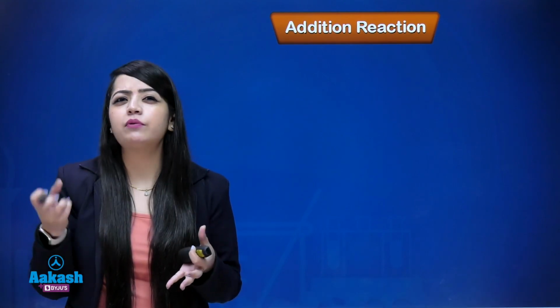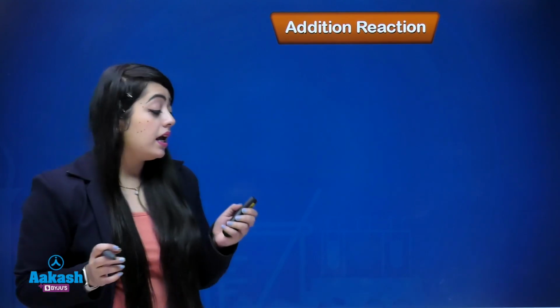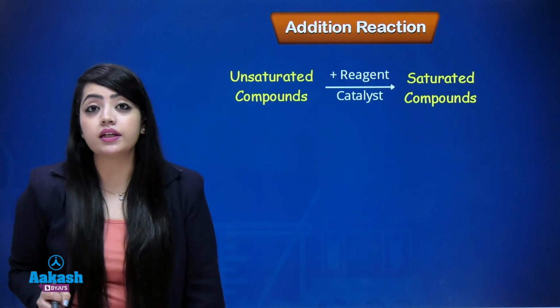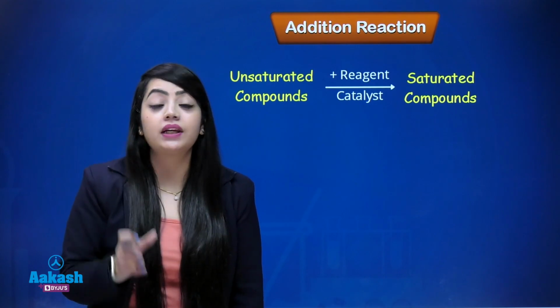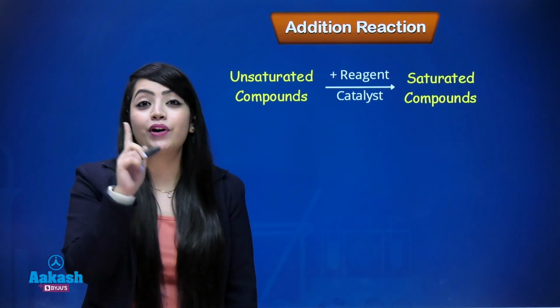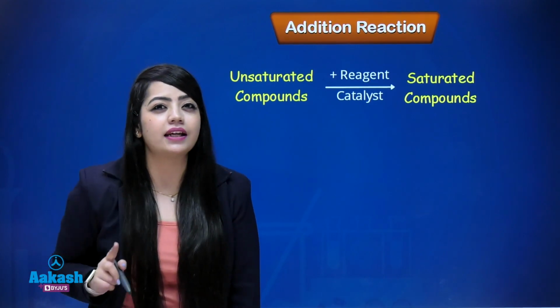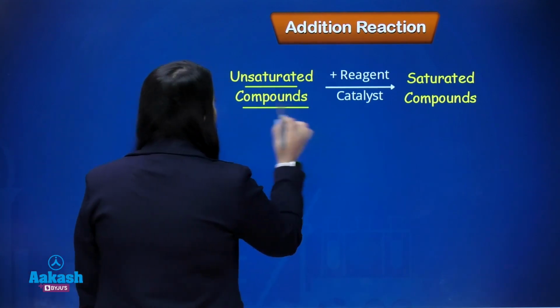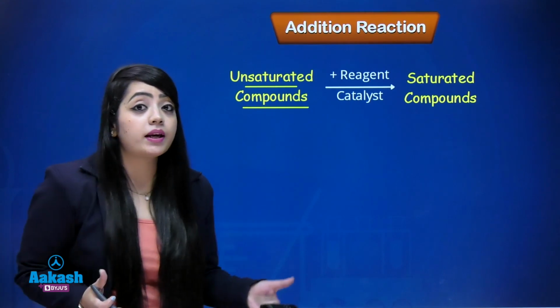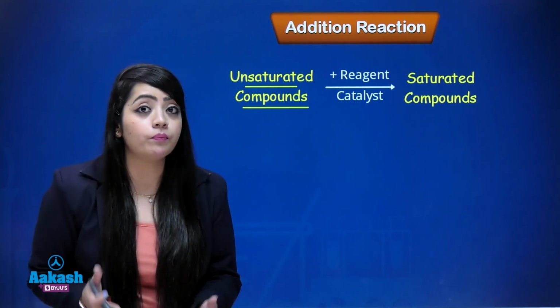Now moving on ahead, let us see the third type of reaction which is addition reaction. Addition means we have to add something, right? So basically what we are going to do is add something, and what is that something? That something is a reagent, right? I'm going to tell you in a few seconds what that reagent is. Let us see. So what we are doing is we are taking an unsaturated compound, that means any compound which has a double or triple bond, right?